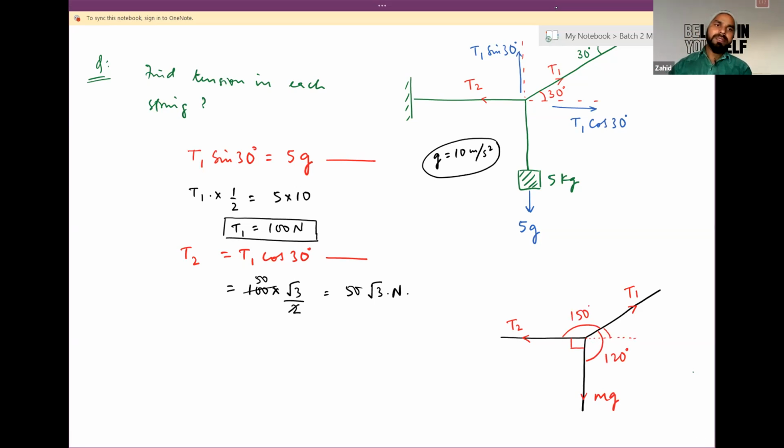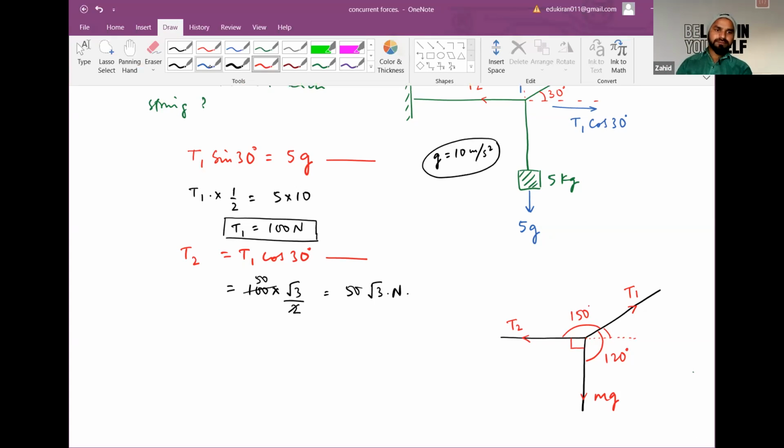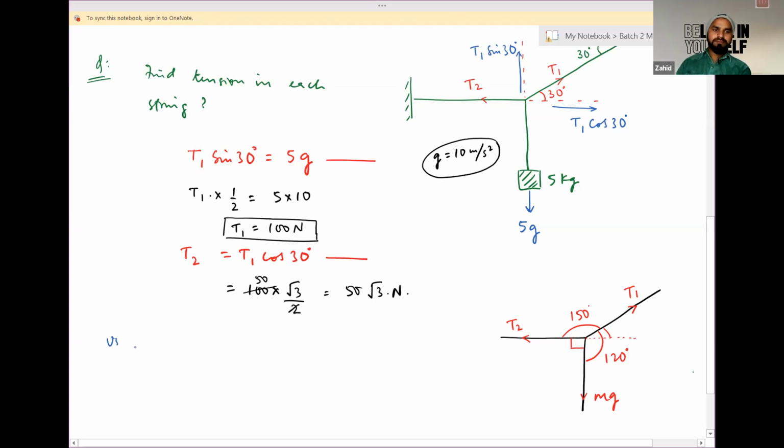Now, if you apply Lami's theorem to this, you'll get T1 divided by sine of the opposite angle, so sine 90. T2 divided by sine of the opposite angle, that is 120 degree.